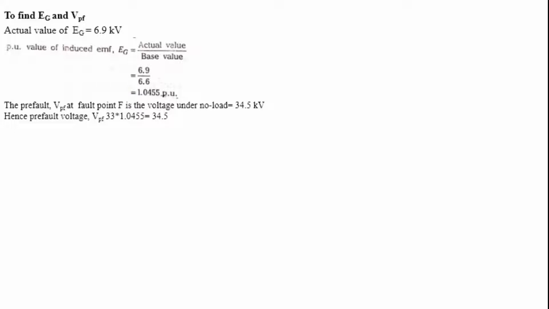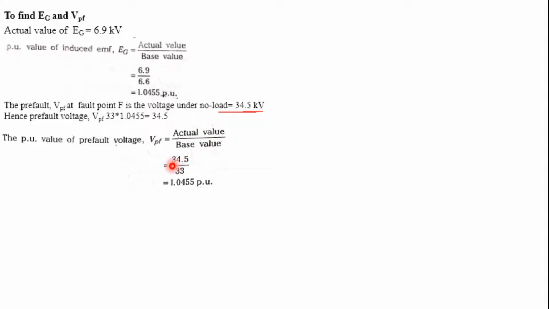So this is the value of 34.5. How did you get this value? This is something different. Then we know the formula for VPF: the actual value by the base value. The actual value is 1.045 times 34.5, and the base value on the feeder side is 33.